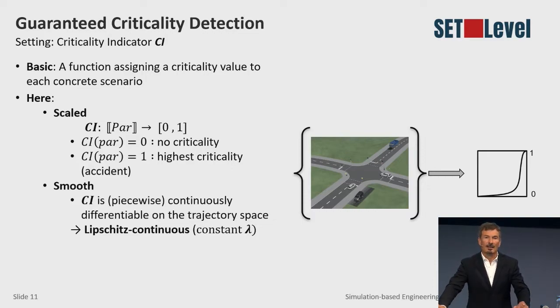That is, our criticality indicator should not jump from 0 to 1, of course, but should indicate, okay, we are nearing an accident, and it should give an indication of that by giving us a value indicating significant criticality. And no jumps, that is, we want to have it smooth, that is at least continuous or even continuously differentiable on the trajectory space, on what happens on the street.